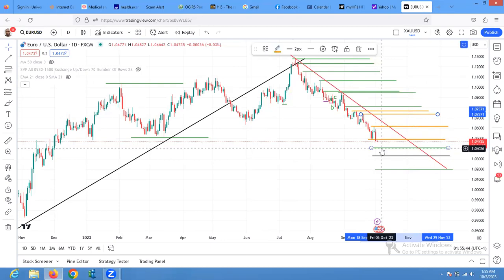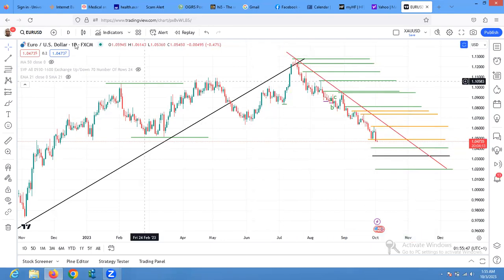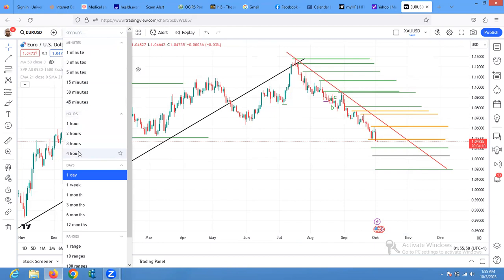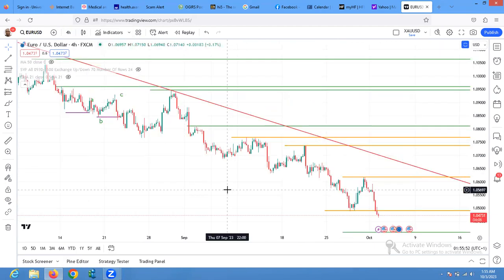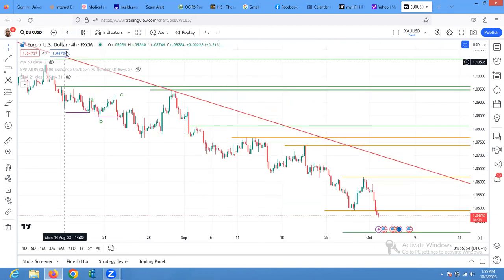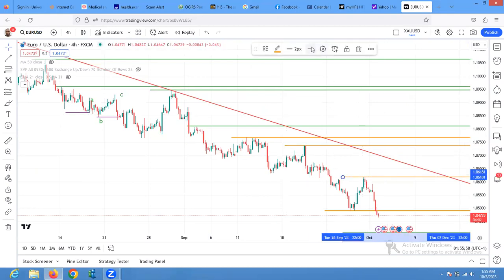So, and this is the next destination now. So let's go in on the 4-hour. On the 4-hour, okay. This is still the structure I told you that we need to break first. Okay, that's the structure. This is 1, 2, 3, 4, 5. So that is what it is now.